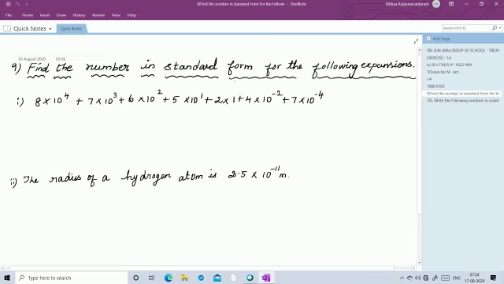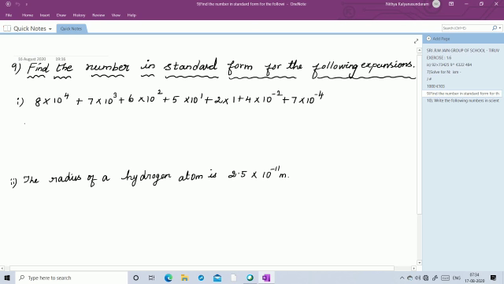Next question, find the number in standard form for the following exponents. Here they are given in exponent form, expanded, but you want to write it in standard form. So 10 power 4 is 10,000.